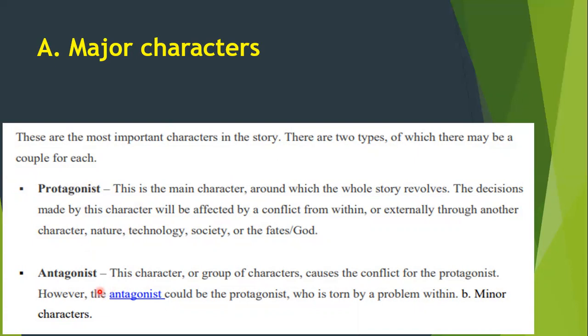So this man here is causing the conflict to that man there. However, the antagonist could be the protagonist who is torn by a problem within himself. But it is the person working against the hero.